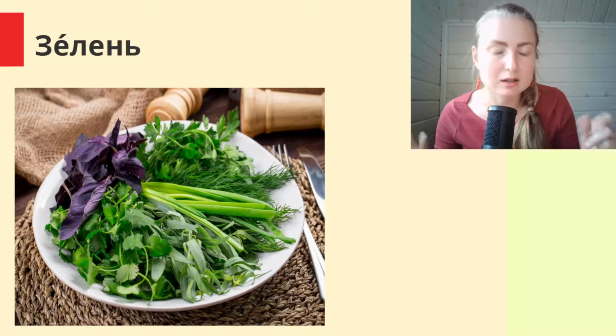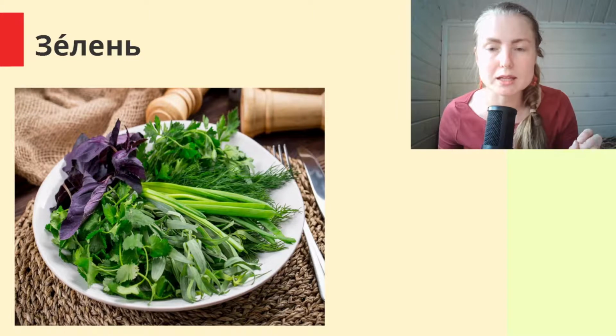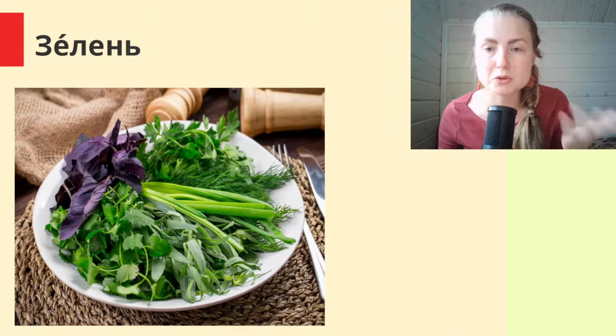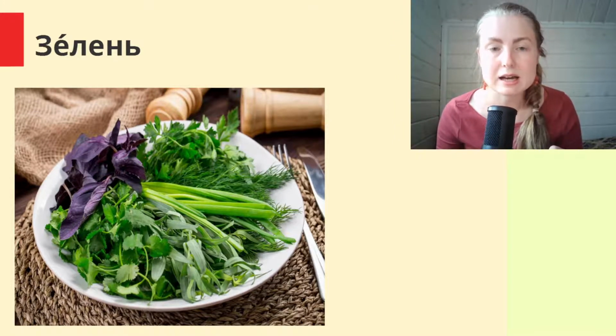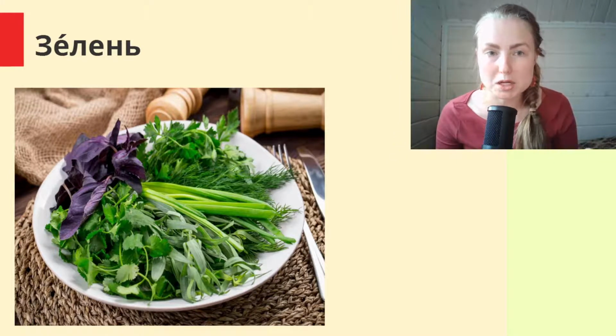All kinds of grasses that we use for soups, for salads, and for cooking. So we call it zelen. Zelen, of course, is an uncountable noun. We don't have a plural form in Russian, so zelen is always singular, and zelen is a feminine word. So zelen is она.